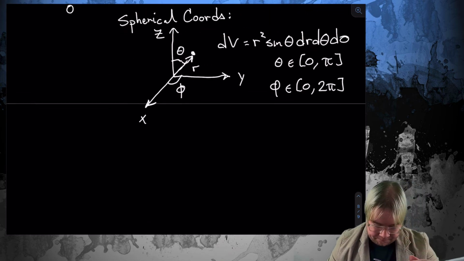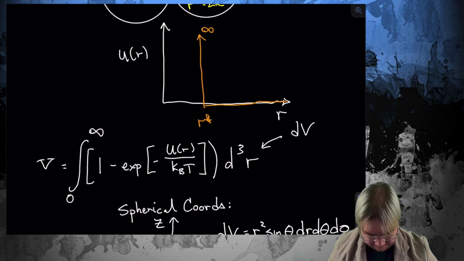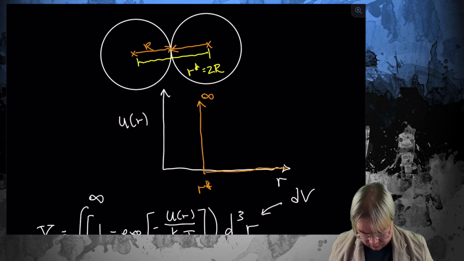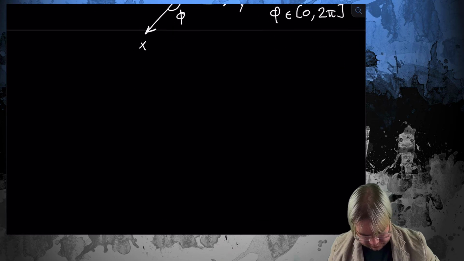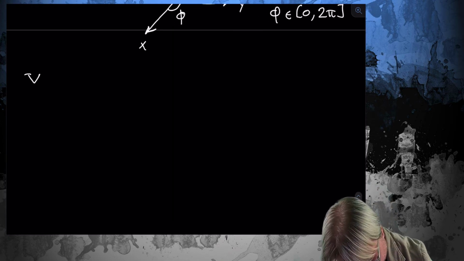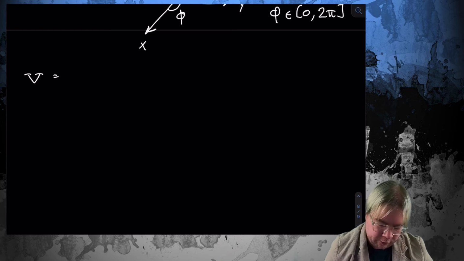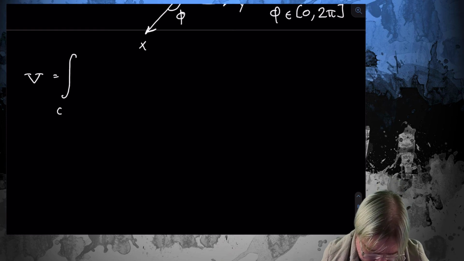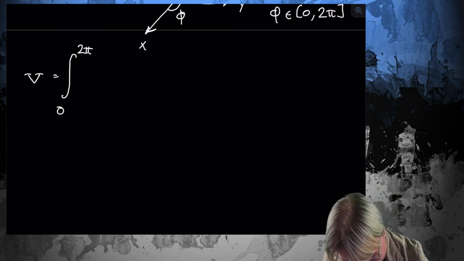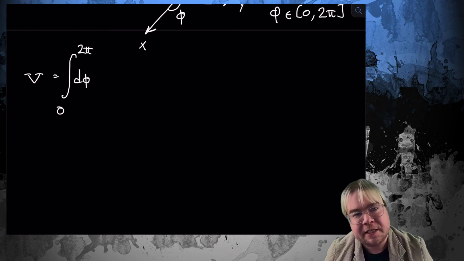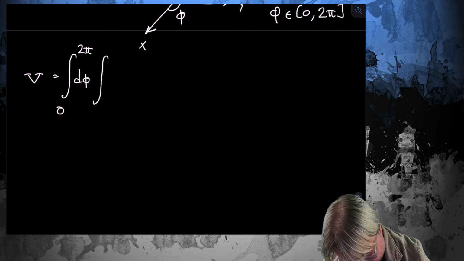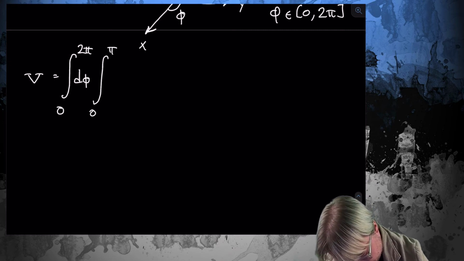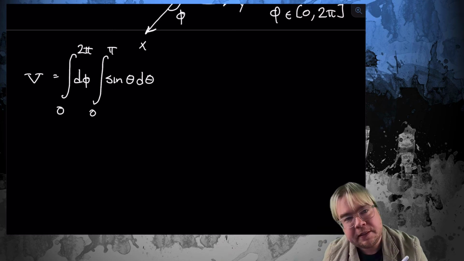Okay, so let's integrate. First of all, let's write it in first. So the excluded volume is going to be the integral from 0 to 2 pi d phi. And then it will be the integral from 0 to pi of sine theta d theta.